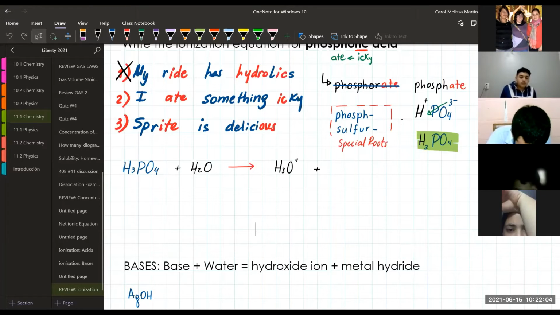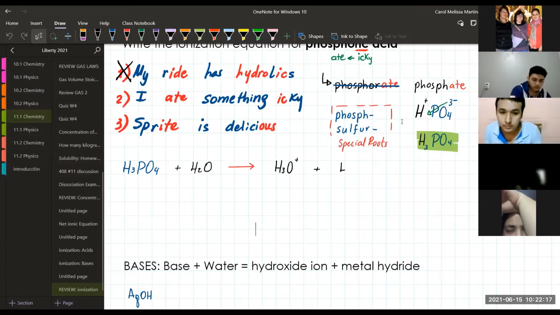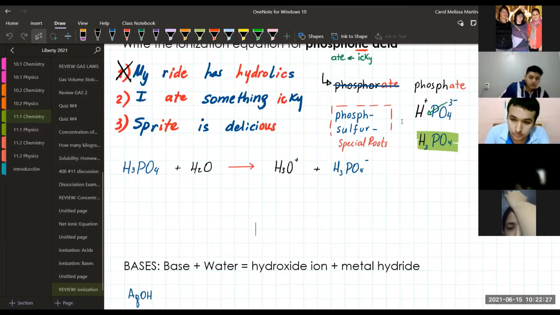It's going to be the same acid with one hydrogen less. So it's not going to be H3PO4, it's going to be H2PO4, and then with a charge of -1, like that. And that will be the ionization for phosphoric acid.